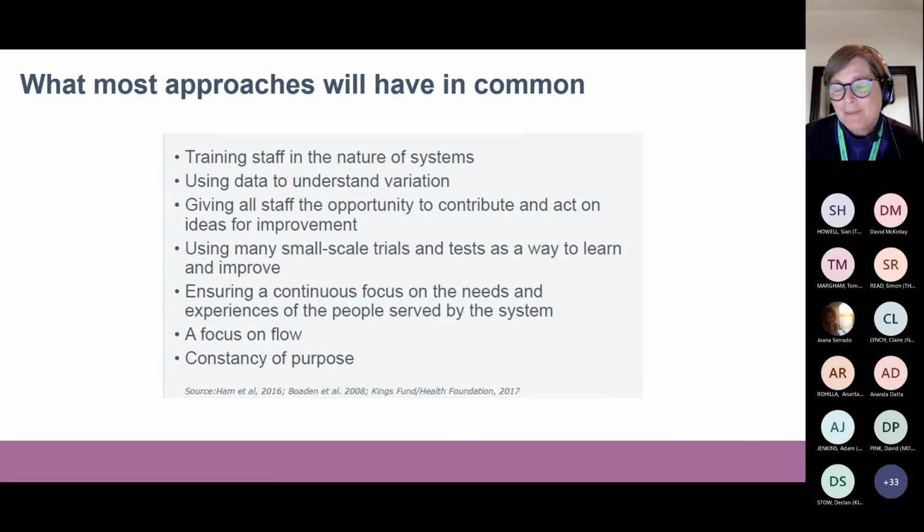And you're going to keep the needs of the people that you serve at the heart of your improvement focus, and keep coming back to that co-production with people with lived experience to check that the improvements are making a difference on outcomes. You're going to focus on flow, and you're going to keep your shared purpose in mind.